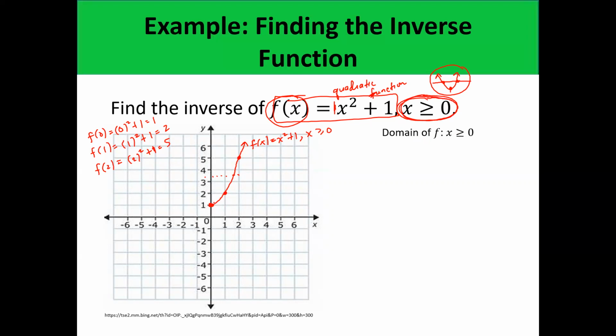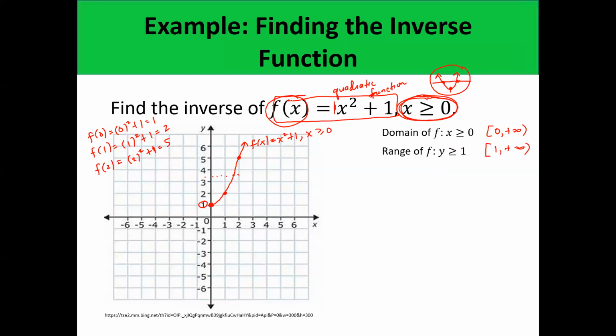And if we inspect the graph here, its range will be the set of all y values that are greater than or equal to 1. So its range is y is greater than or equal to 1. In interval notation, we write the domain as 0, comma, positive infinity. The range here is written as 1, comma, positive infinity.